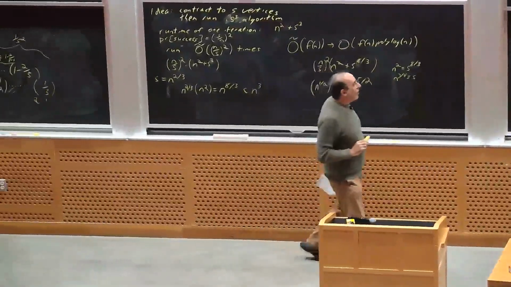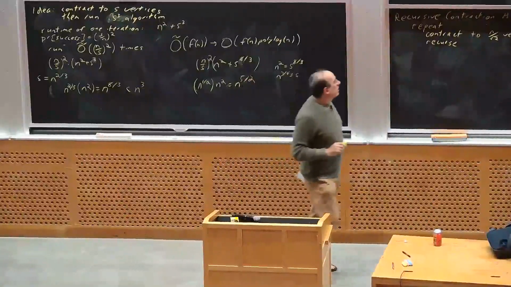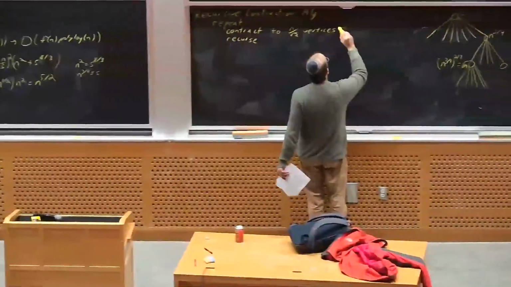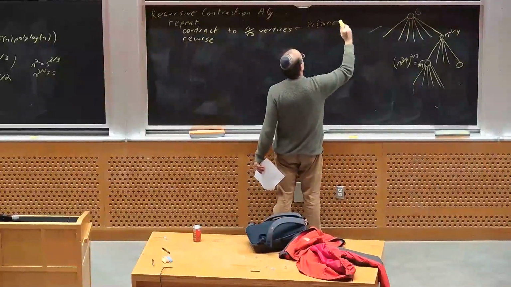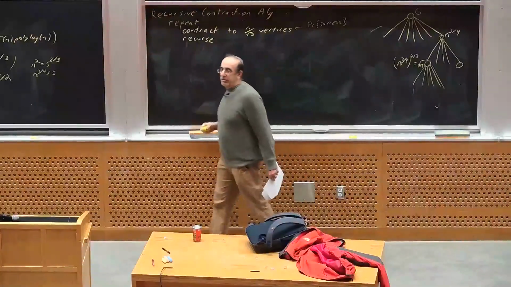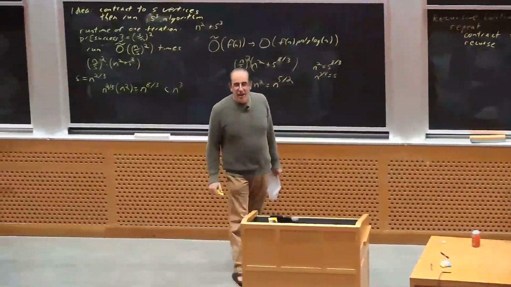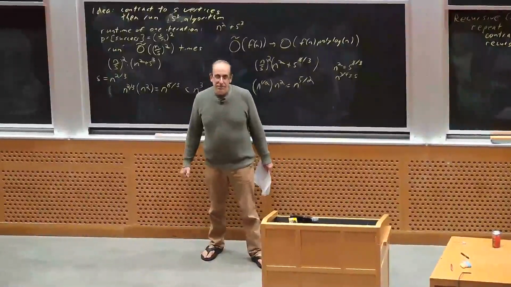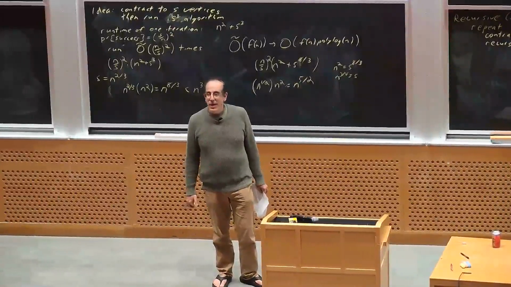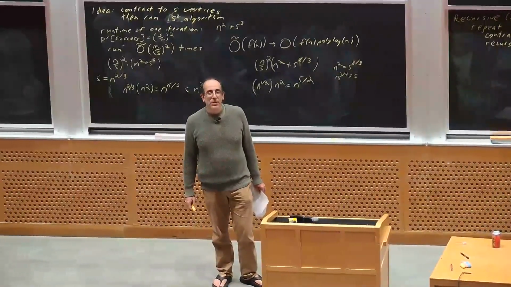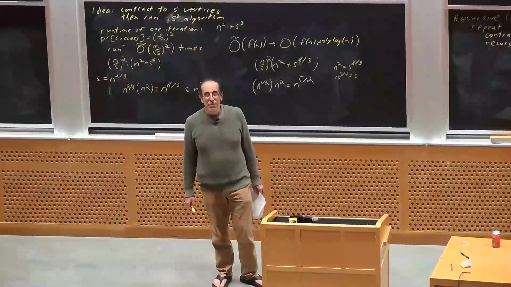The question is, how often should I repeat this? Well, if I contract to n over square root of 2 vertices, what is the probability of success? In other words, I still have a minimum cut to find. So here S is n over root 2, right? So what's the probability that I have not destroyed the minimum cut? Or that I have?